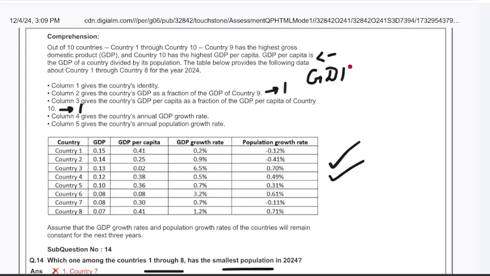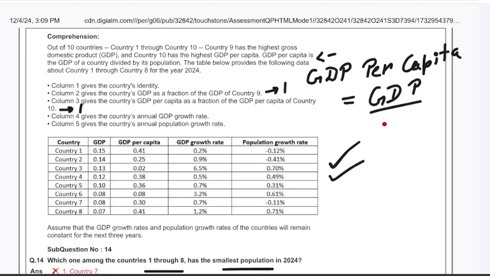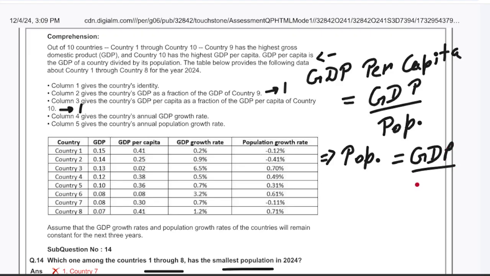GDP per capita, the formula that they have given to us, is equal to GDP divided by population. That means if I'd like to derive the formula for population, the population is, if I do a cross multiplication, equal to GDP divided by GDP per capita.